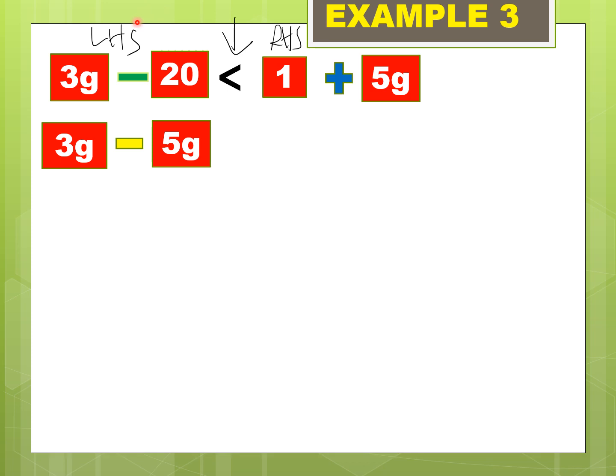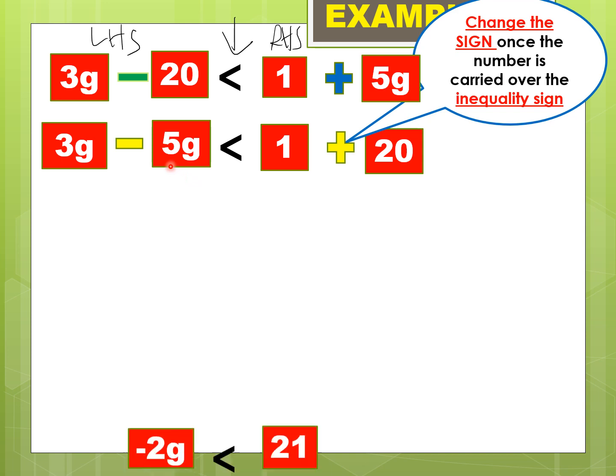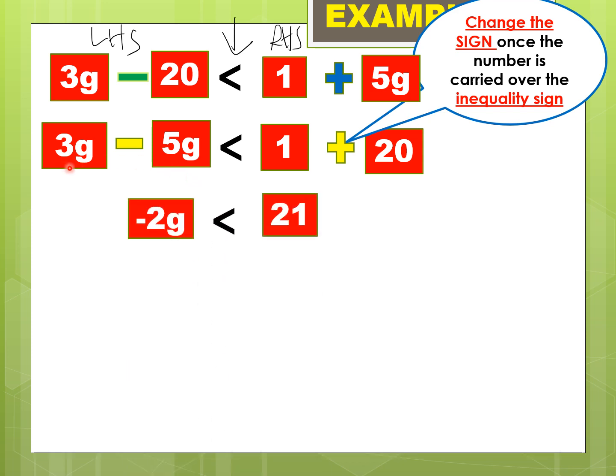We carry over on the left hand side, it's going to become a minus 5g. We have our less than sign. We leave 1, which is on the right. But we're going to move this minus 20, which is going to give us plus 20. Now 5 from 3 is going to give us a negative 2, negative 2g, less than 1 plus 20 is 21.